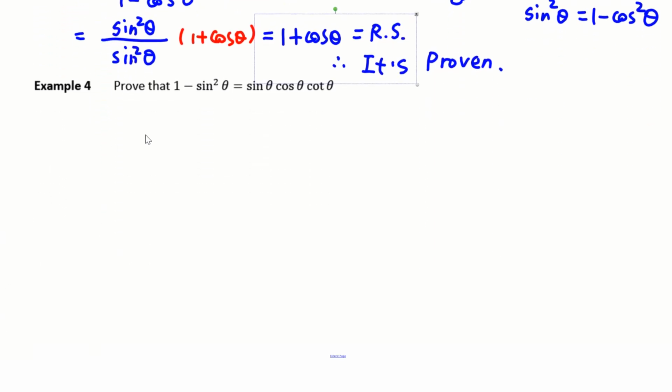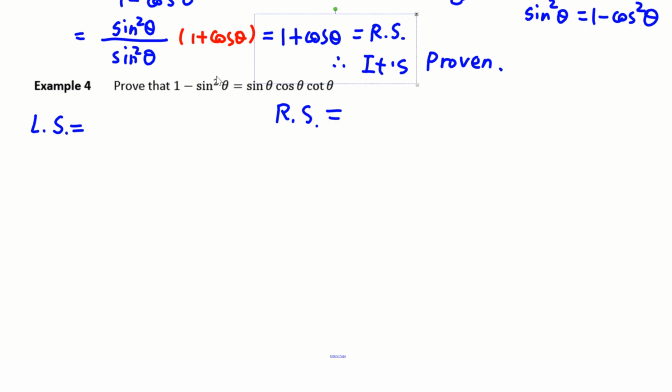So example 4. It asks you to prove 1 minus sine squared theta equals sine theta, cosine theta, cotangent theta. Both sides look a little bit complicated, so we could start from both sides, the left side and the right side together, to change them to the same.